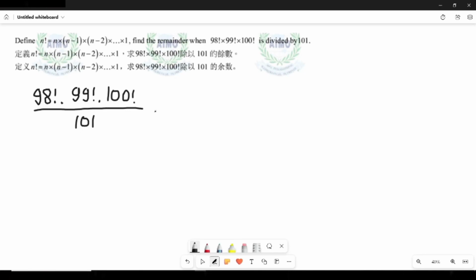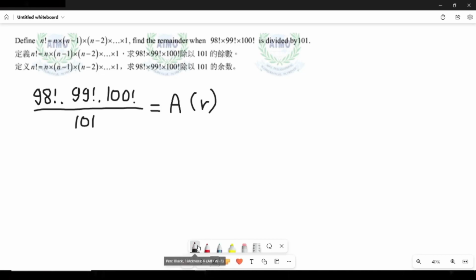When we write this problem in the language of numbers, we can say that this big number divided by 101 is equal to some number, let's say a, with remainder r, which is good, because presented this way we can apply the formulas above.